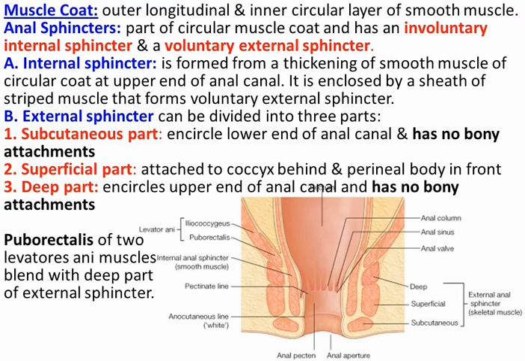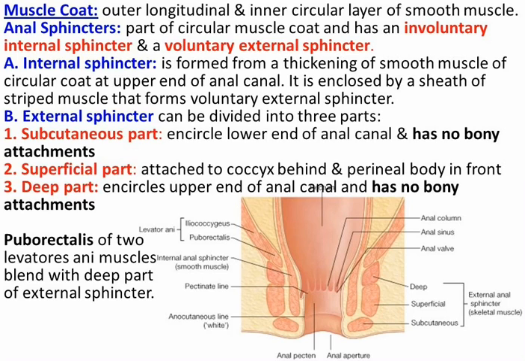Structure of anal canal. Muscle coat: outer longitudinal and inner circular layer of smooth muscle. Anal sphincters are part of the circular muscle coat and include an involuntary internal sphincter and a voluntary external sphincter. The internal sphincter is formed from a thickening of smooth muscle of the circular coat at the upper end of the anal canal. It is enclosed by a sheath of striped muscle that forms the voluntary external sphincter.